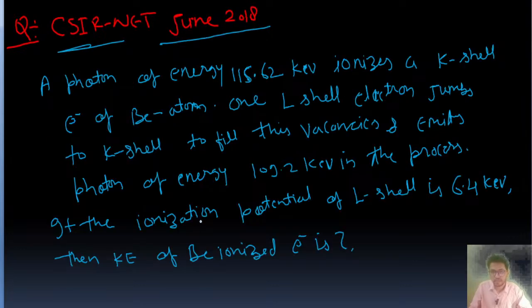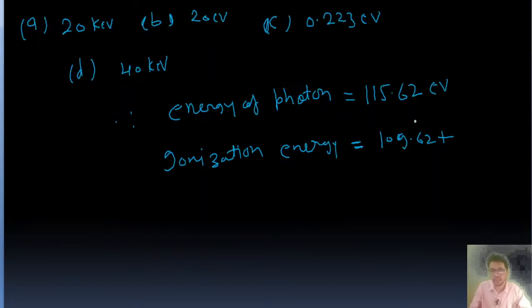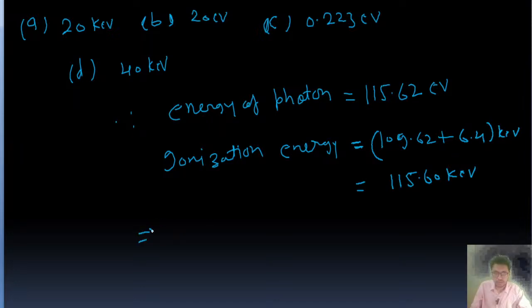The ionization potential of the L shell is 6.4 kilo electron volt. So this value is going to be 115.60 kilo electron volt.